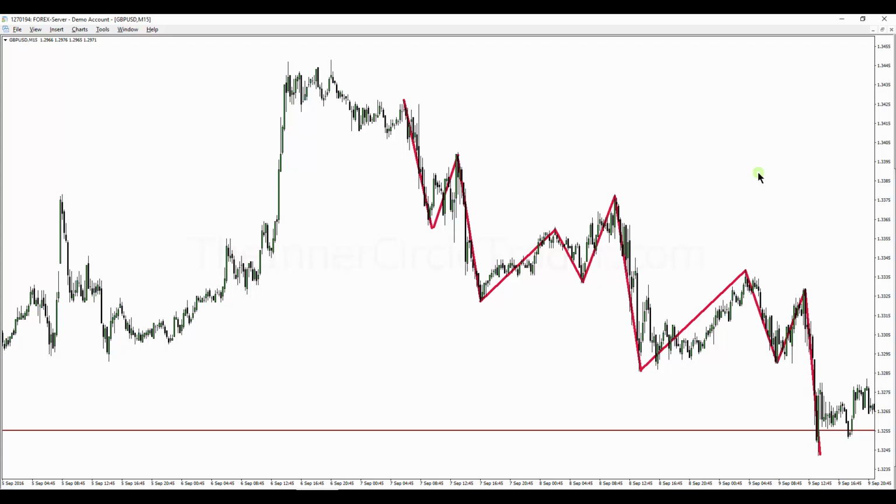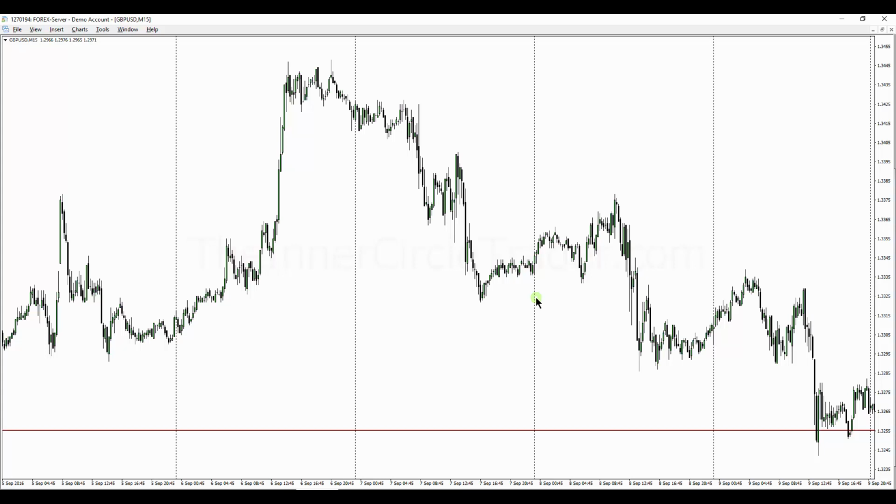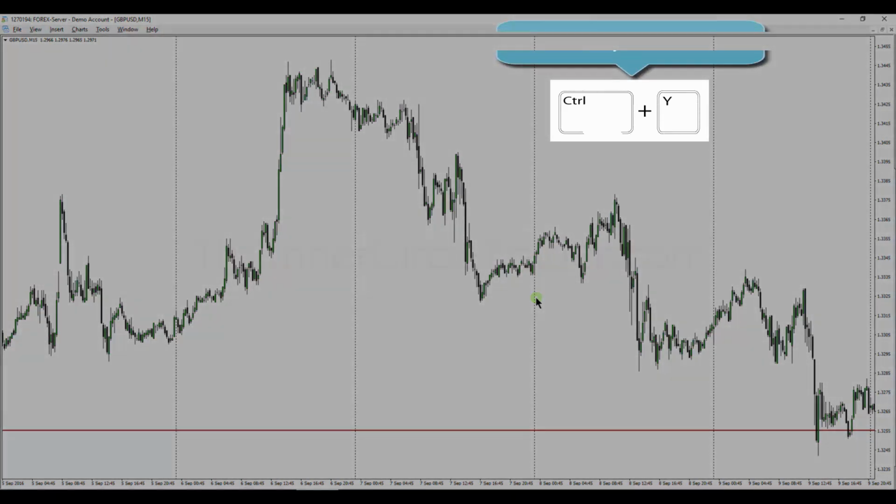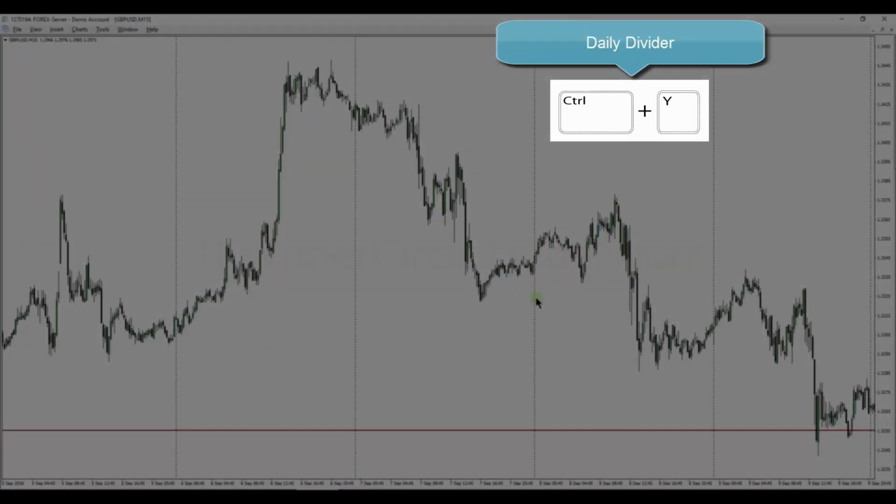So let's take all this off and focus primarily on protraction now. If we look at the market with the similar ideas we just illustrated with every impulsive price swing, and then we add to it time of day. By holding down Control and tapping Y on your keyboard, you'll add the vertical delineations for 0 GMT.